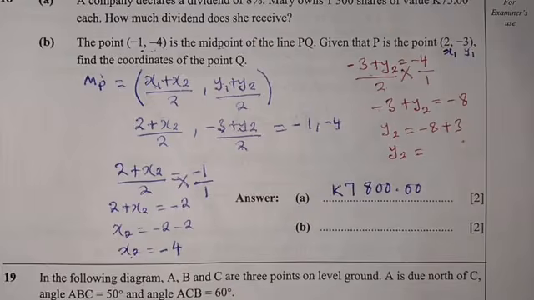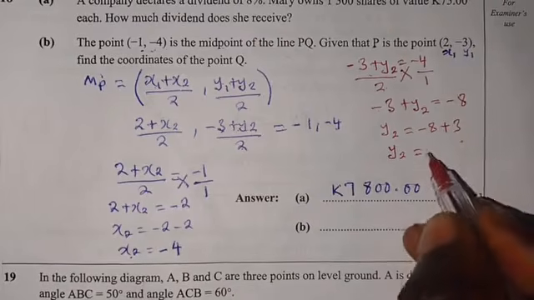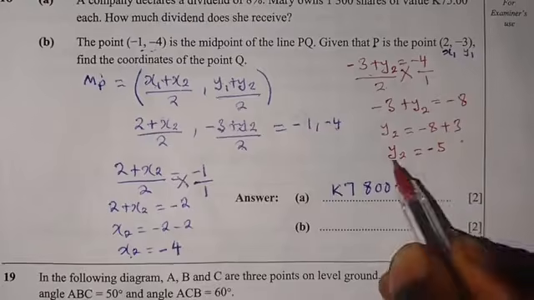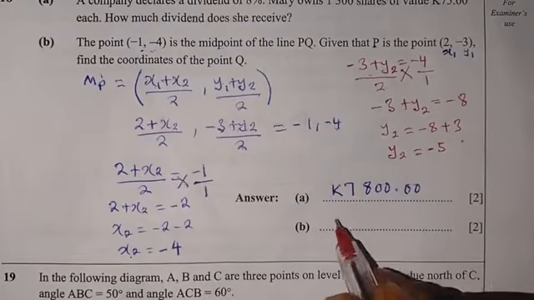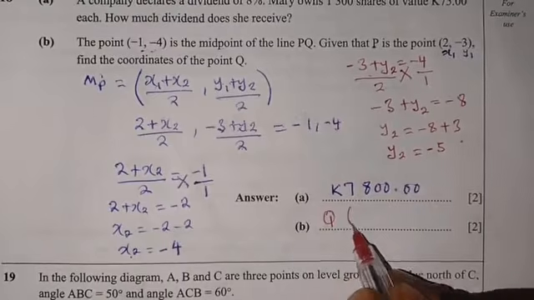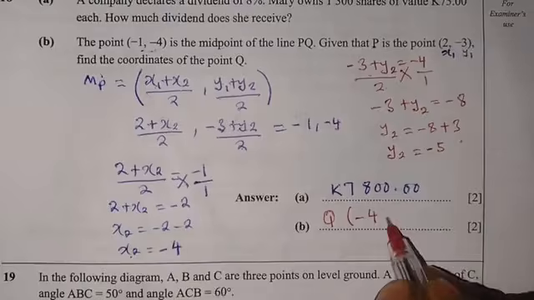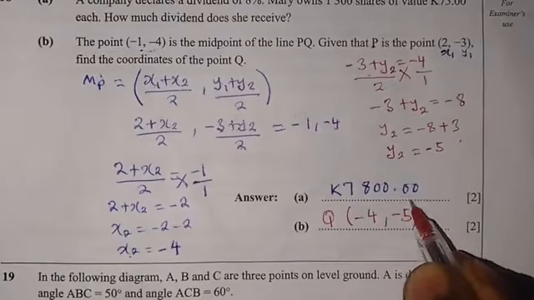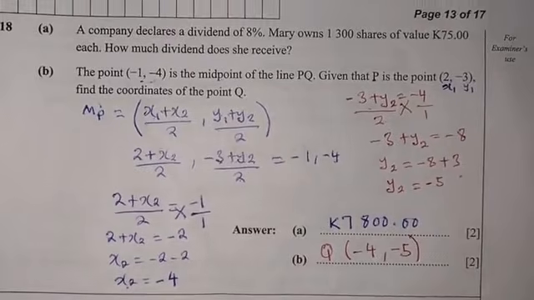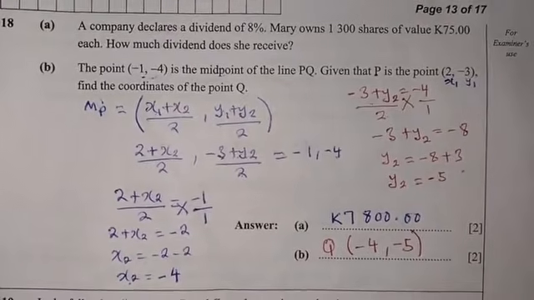I hope you are following. -8 plus 3 will give us a -5. So we have x2 and y2. So you can say here the coordinates of point Q will be -4, -5. This is our answer. So we have answered our question 18 right here.